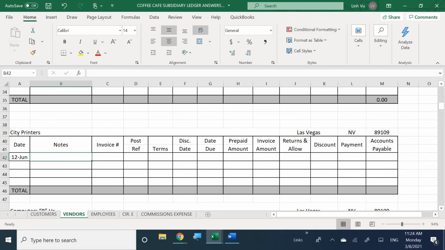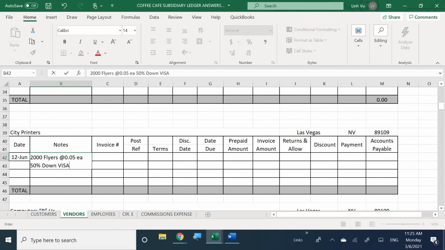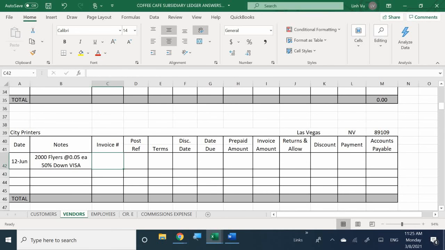And again in the notes, you can write 2,000 flyers at 5 cents each, 50% down, and you use the Visa credit card to pay. So in this case, there is no invoice. Post reference once again is general journal number 4.